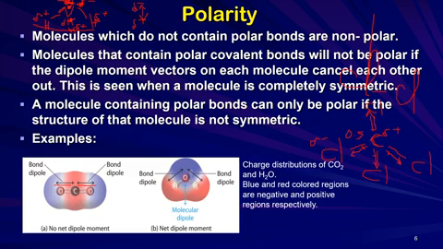We can also use the idea of centers of the charges. This carbon is the one which carries a partial positive charge. Why? Because it is less electronegative, and the oxygen atoms are carrying partial negative charges. But what happens? If you consider the center of the two negative charges, you will find it to be somewhere here.